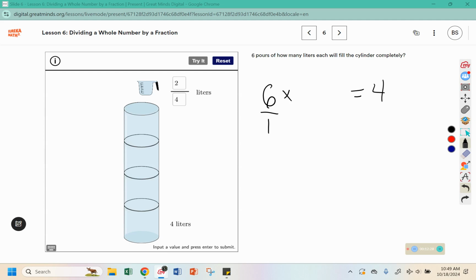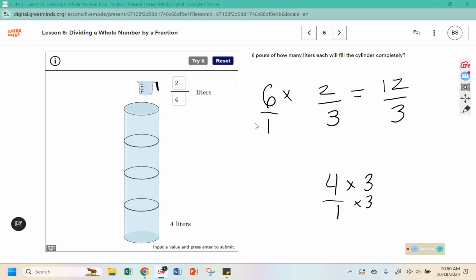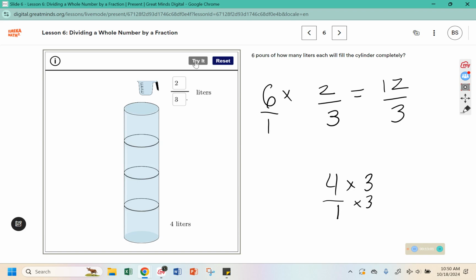We could write it as 12/3. Let's try that. 12/3. In order to get 6 times something that equals 12, that would be a 2. And 1 times something that equals 3. Well, 1 times 3 equals 3. So let's try 2/3. Try it.